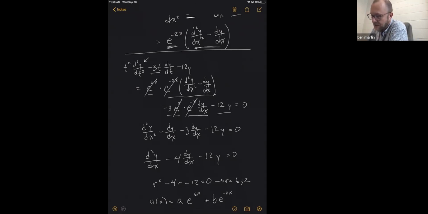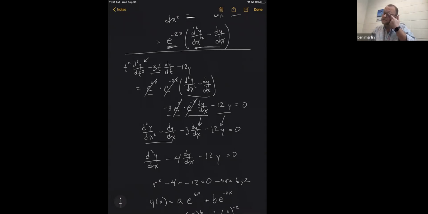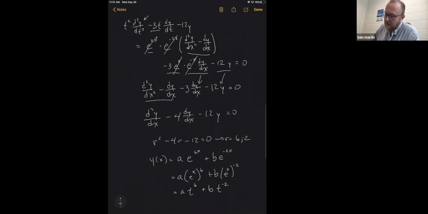And that means that this little bit here can just be written out there. And then my minus 3 dy/dx comes down, and my minus 12y comes down. So when I combine it together, I end up getting my second derivative with respect to x, minus 4 dy/dx minus 12y.